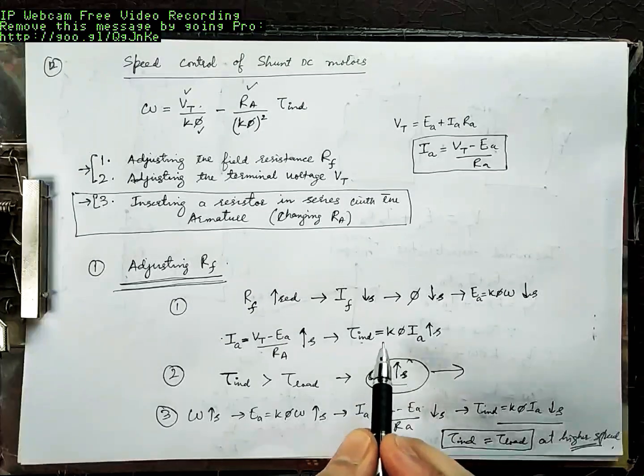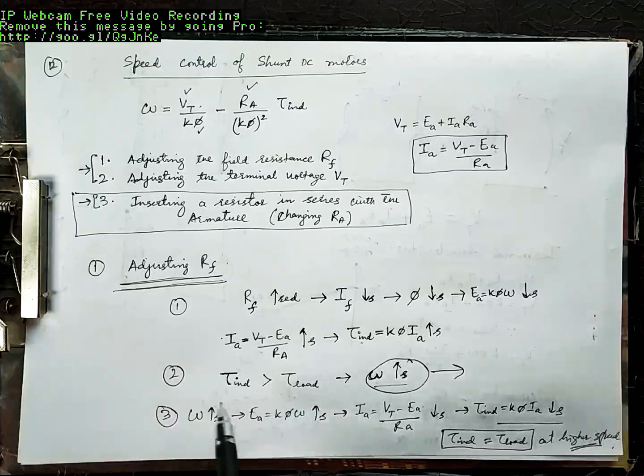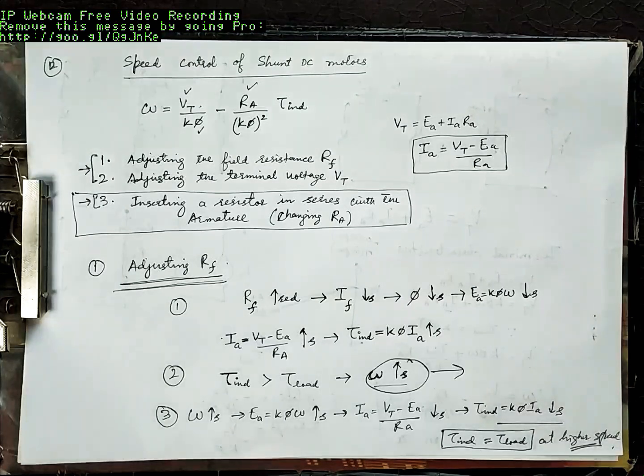When induced torque increased and load torque was constant, the machine accelerated, omega increased. When omega increased, that subsequently increased the EA. When EA increased, IA decreased. When IA decreased, torque induced decreased, such that induced torque again becomes equal to load torque, but this happens at a higher speed. Now machine is again in steady state. This is what we basically wanted. We wanted to increase the speed of a machine. This is how we increase the speed of machine.